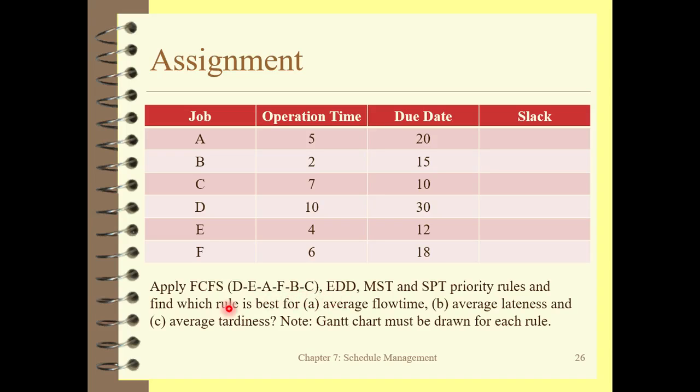And then I ask you which rule is the best for average flow time, average lateness, and average tardiness. Note that you need to draw the Gantt chart.